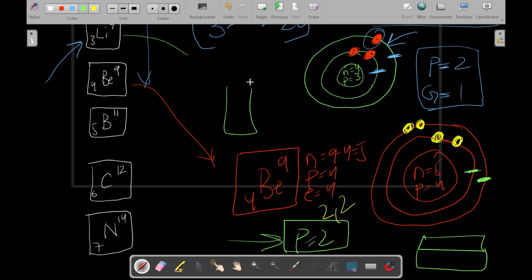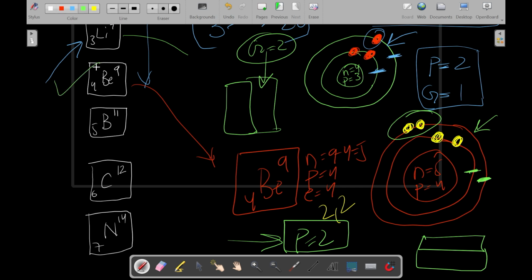And for the group, which is the vertical column, we look at the last shell, the valence shell, the valence electrons. We have 2 valence electrons, so the group is going to be the second group. This is how you decide the location of beryllium by looking at the atomic structure. So you can follow these.